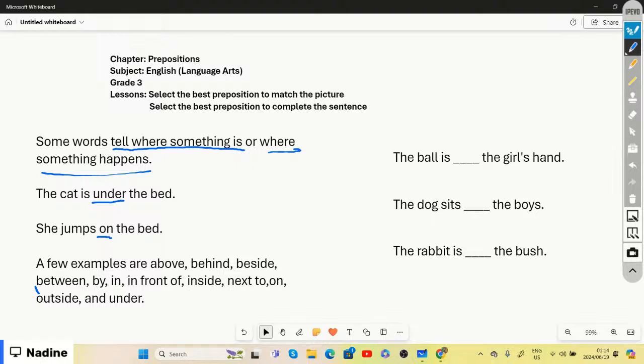Just the word on only. All right. So these are prepositions.